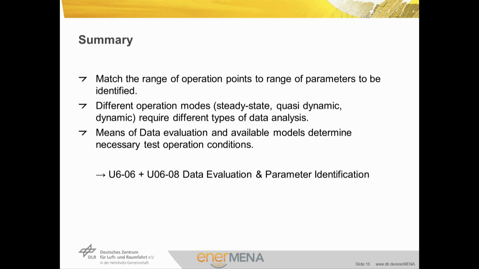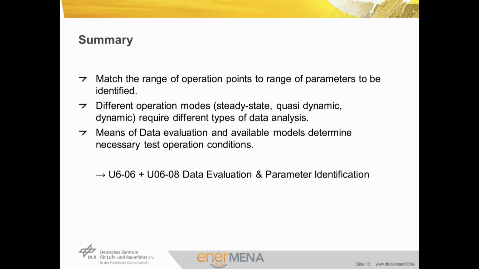In the course of this unit, we have seen that it is important to match the range of test operation points to the parameter ranges to be identified. Furthermore, different test setups or installations, such as test collectors, loops, or fields, tend to be associated with different operation modes involving different degrees of dynamics from steady state to fully dynamic operation.